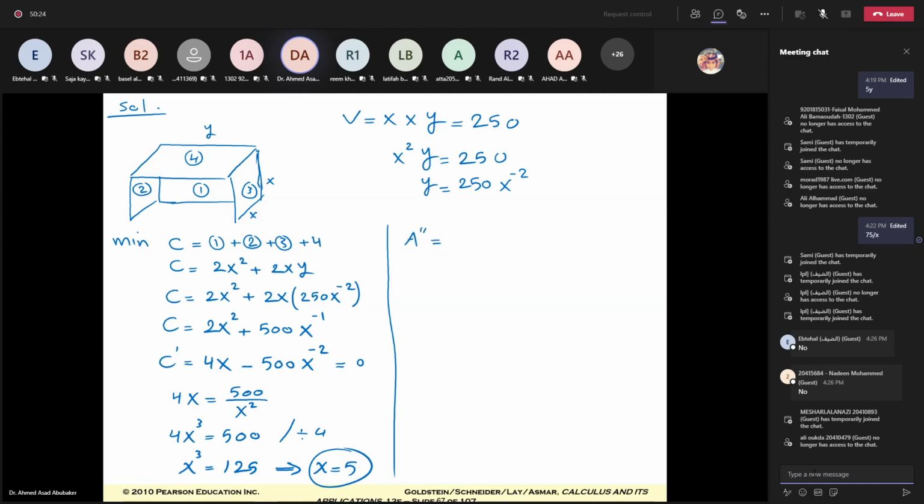Find the C double prime. This equals what? 4 plus 1000 x to the power minus 3.